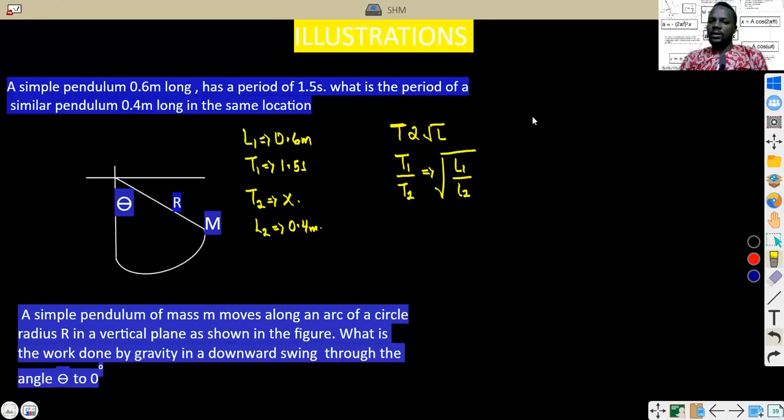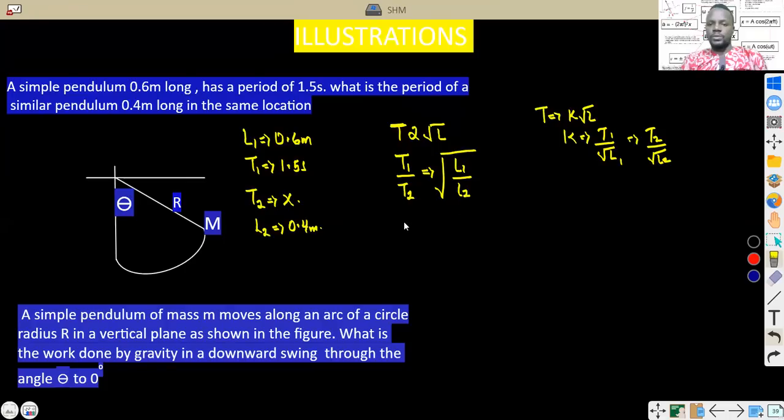For those asking how I came about that, T equals k root L, so T over root L is constant. When you have more than one, you have T1 over root L1 equals T2 over root L2. So this is the way I came about that. This expression is simple, so it will be very easy for me to plug in the parameters and get the answer. So you can do that.